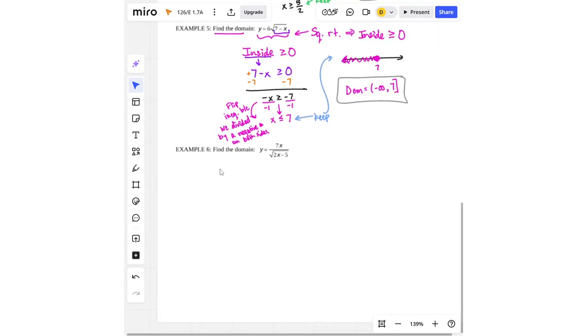All right, let's look at example 6. Example 6 is special because we have a fraction and a square root. So what we're going to do is find the domain for each issue and keep the overlapping interval.